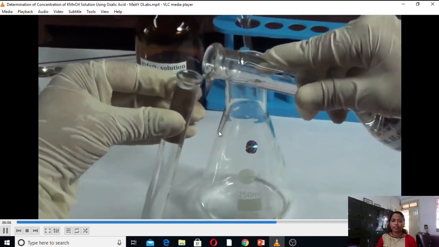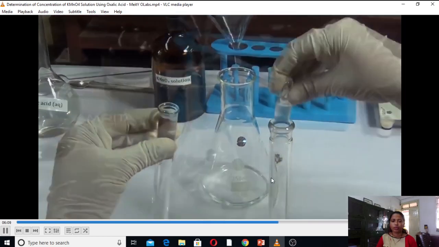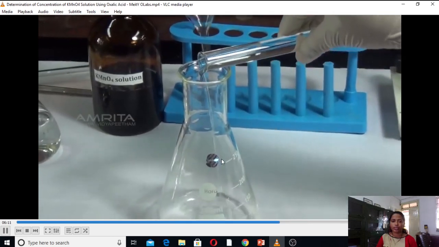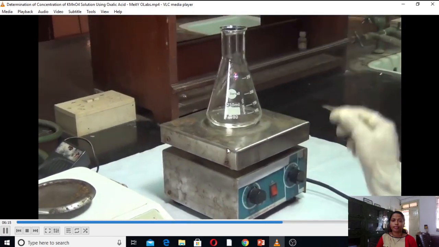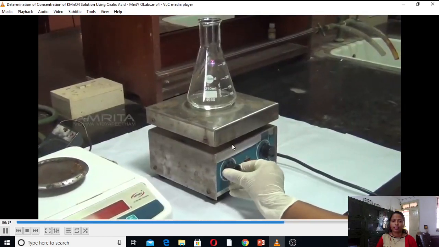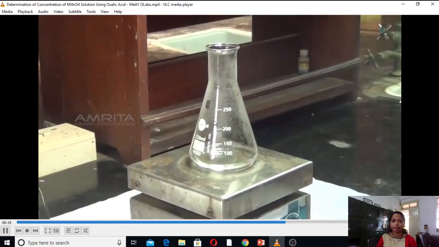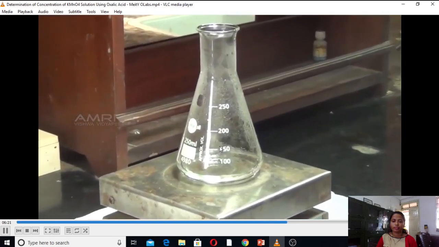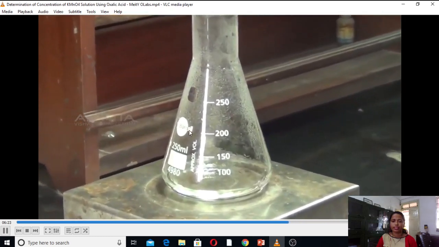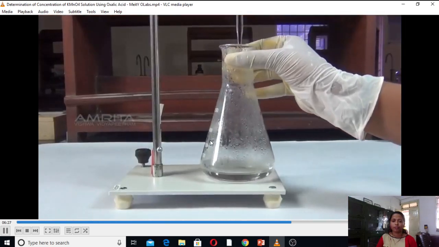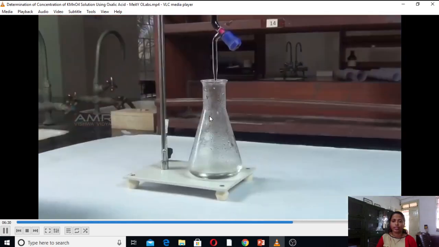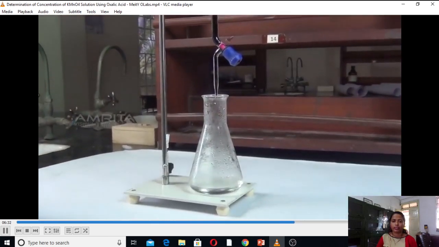And then one full test tube of dilute sulfuric acid is added to the conical flask, and heat that solution to 50 degrees Celsius, and immediately we have to titrate this solution against potassium permanganate.